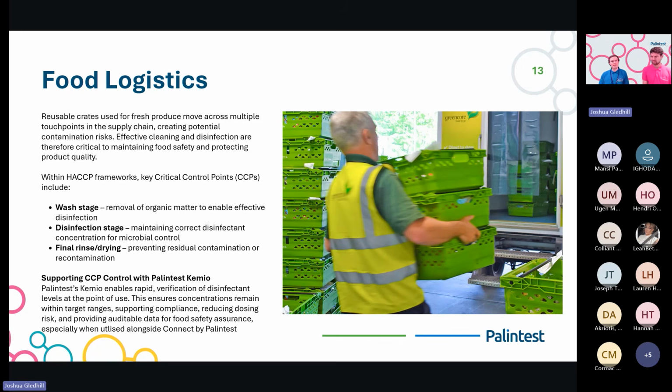So disinfectants are used to clean those, and Kemio is used to ensure that the disinfectant levels are correct for the cleaning process. What's important to note is this is a continuous cycle, so those crates will be reused and reused and reused. So yeah, really important to get the disinfection levels correct there.